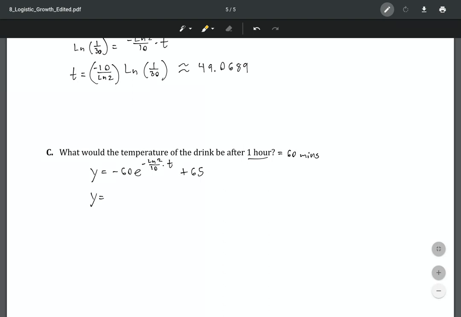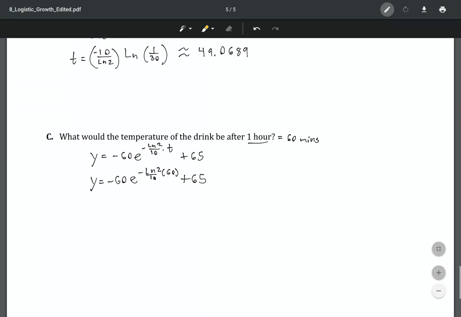So I have y is equal to negative 60 e to the power of negative natural log of 2 over 10 times 60 plus 65, and please put that on your calculator.